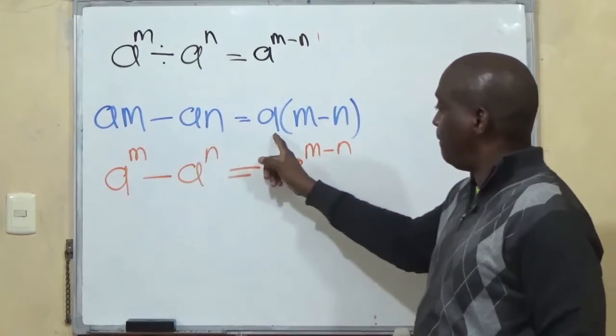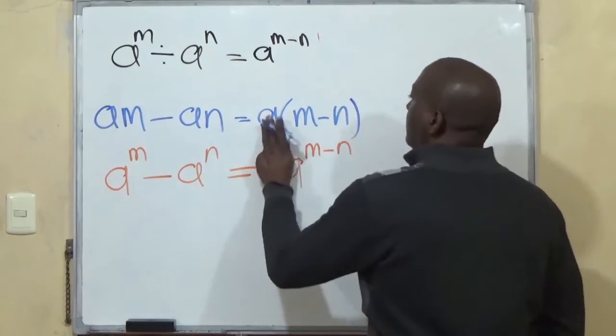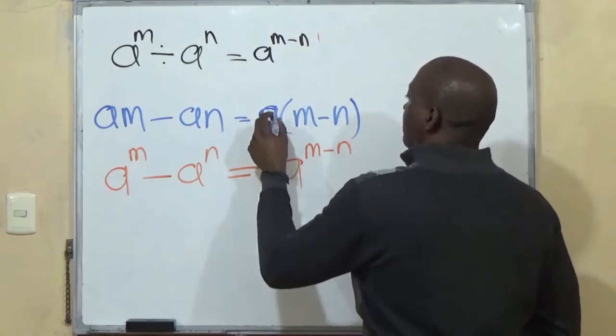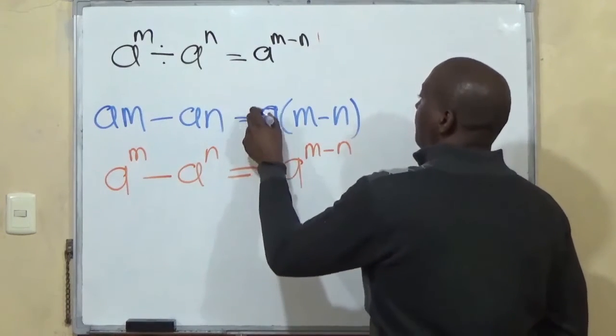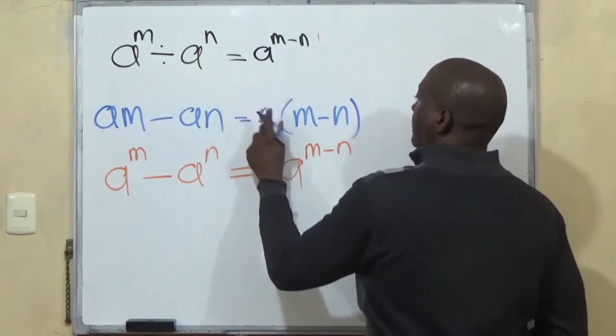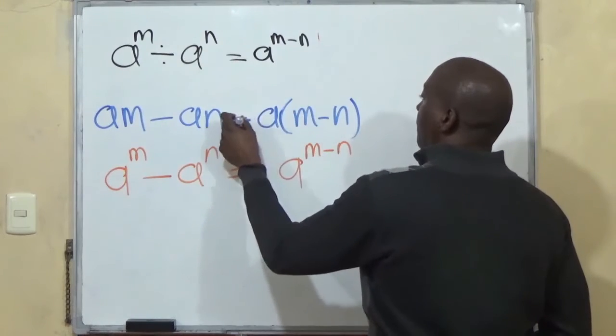Common factor, look at here, a. The common factor is a, and then you have the product m minus n on the inside, right? No problem.